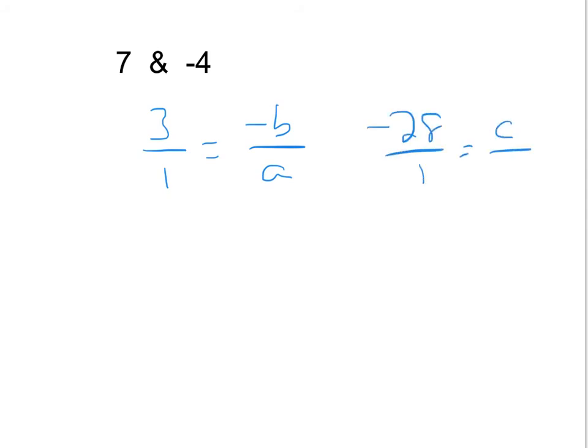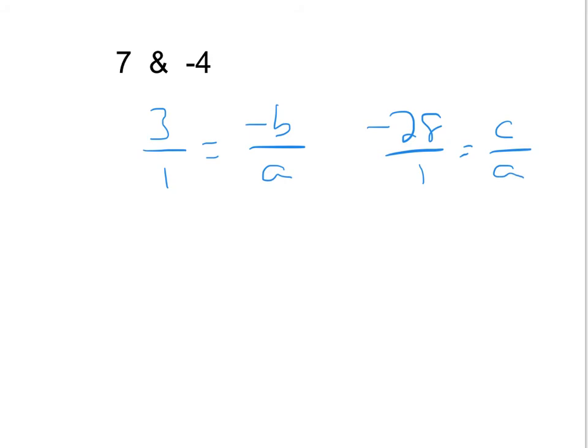My other option is to use my sums and my products. So if I add these two roots, 7 plus negative 4, I get positive 3 over 1, which of course is equal to negative b over a. If I multiply these two roots, I get negative 28 over 1, which is equal to c over a.